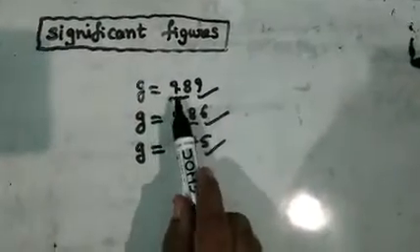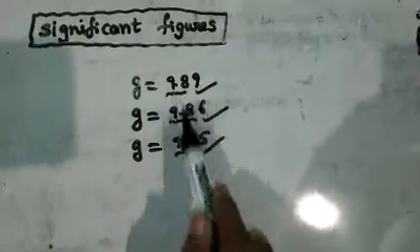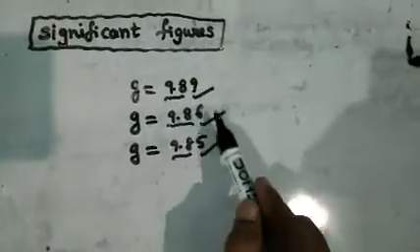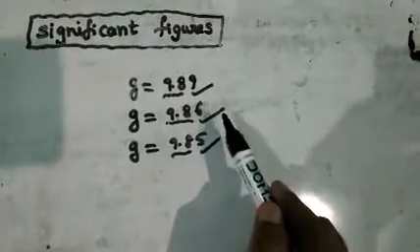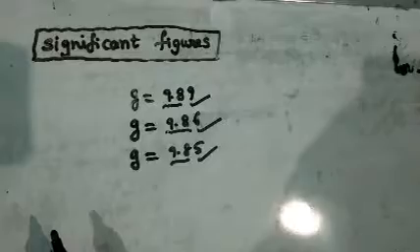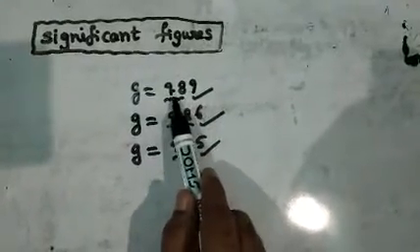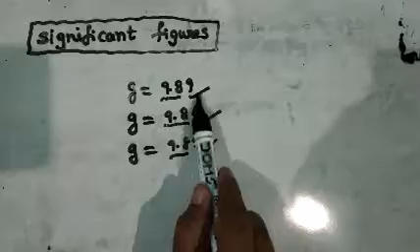So these digits 9 and 8, 9 and 8, these digits are definitely known digits, and the last one is the estimated digit. So significant figures means the digits of a number which are definitely known plus the estimated digit.